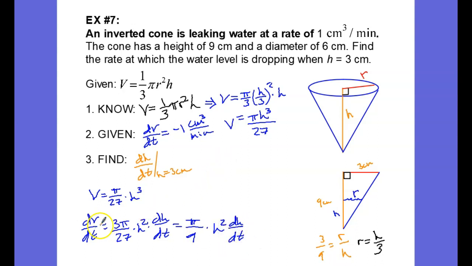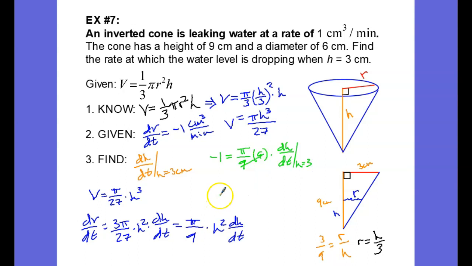So if we substitute in for dV/dt, that's going to give us negative 1 equals pi over 9 times h squared, well h is 3, so 3 squared is 9, times dh/dt when h equals 3.